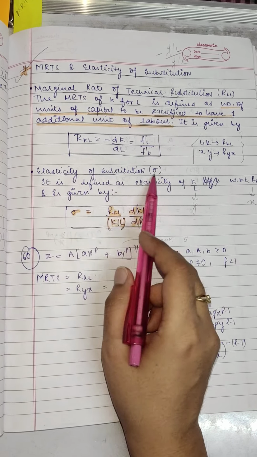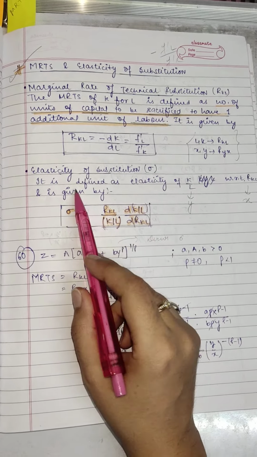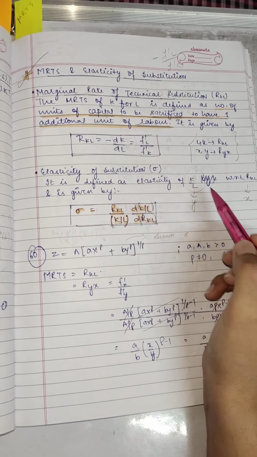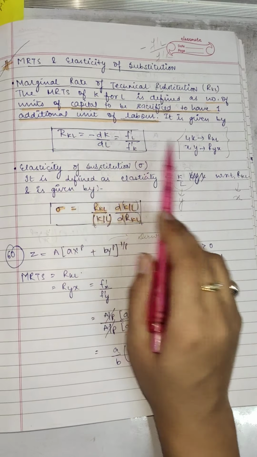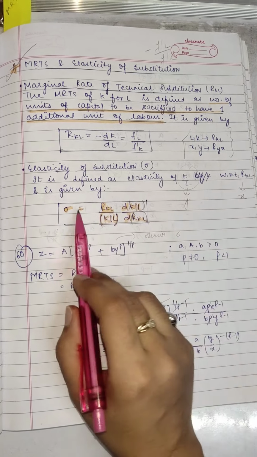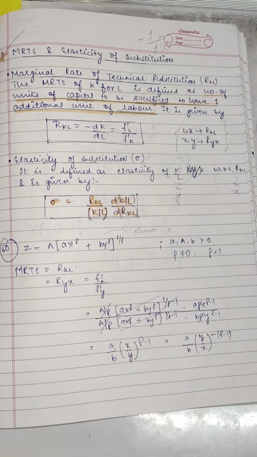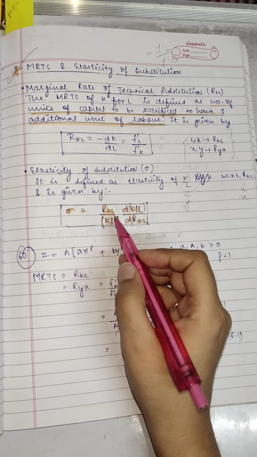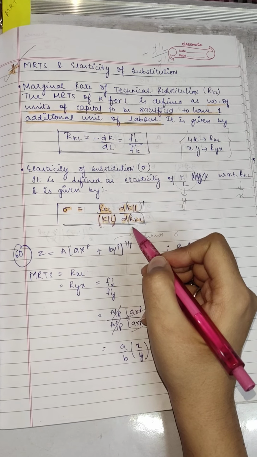Likewise, elasticity of substitution means elasticity of the capital to labor ratio with respect to the marginal rate of technical substitution, that is R_KL. That means if you perceive this as Y and this as X, then sigma will be X upon Y into dY upon dX.